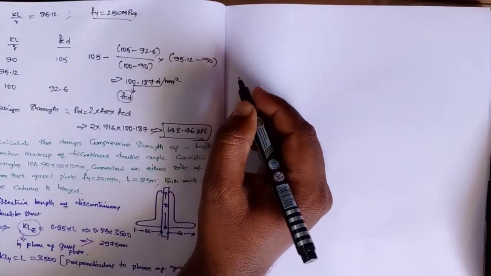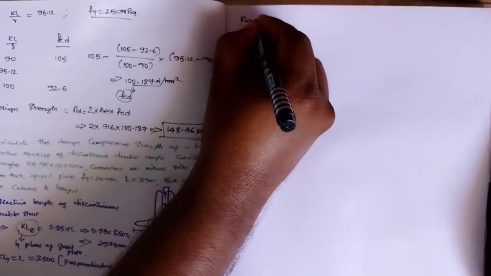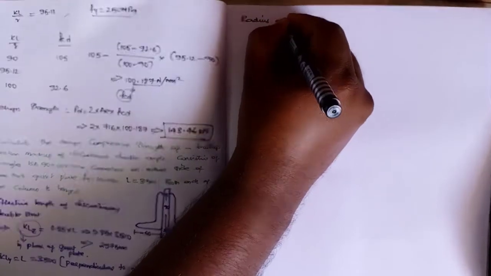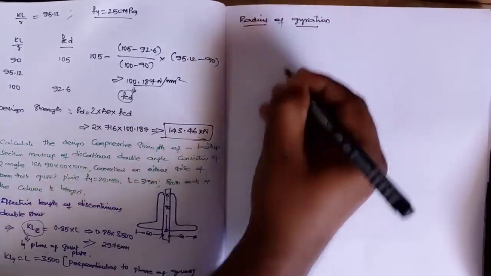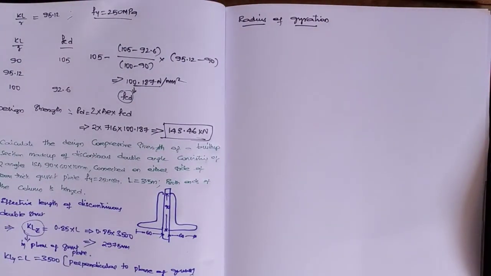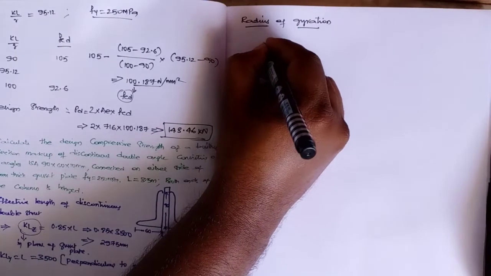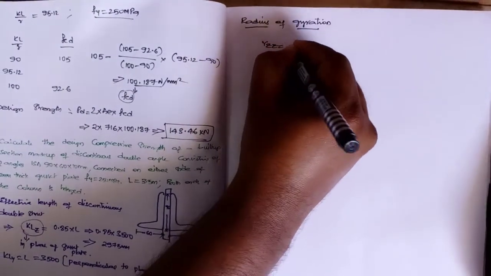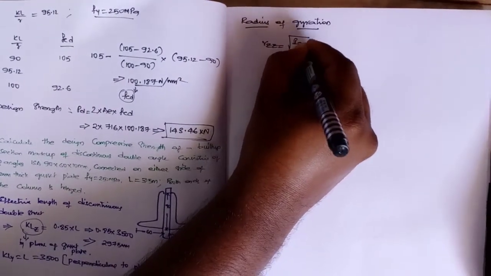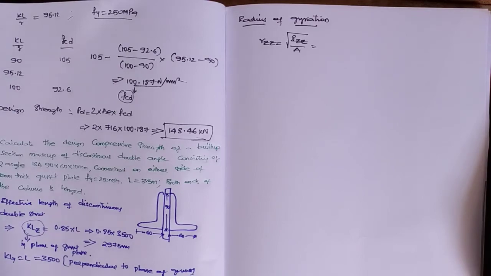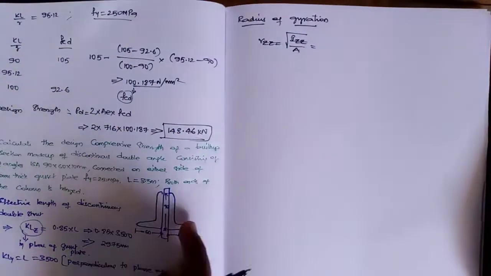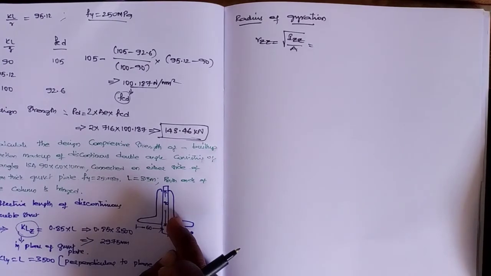Now radius of gyration for ZZ axis, RZZ equals under root of IZZ by A. Now what is IZZ? If I write IZZ by A, here two angles means into 2.